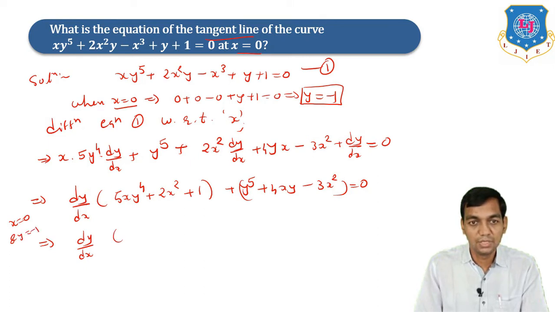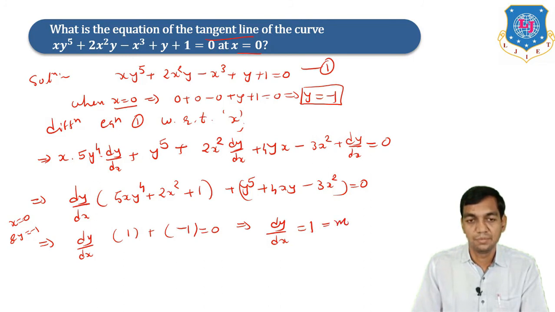And this will give you 0 plus 0 plus 1, that means 1. Y is minus 1, so minus 1 raised to 5 is minus 1. X is 0, this is 0, so plus 0 and is equal to 0. And that will give you dy by dx is equal to 1.